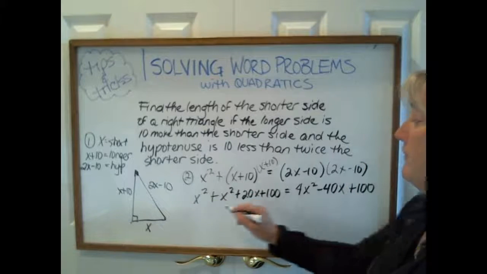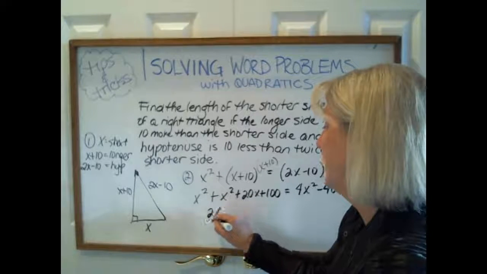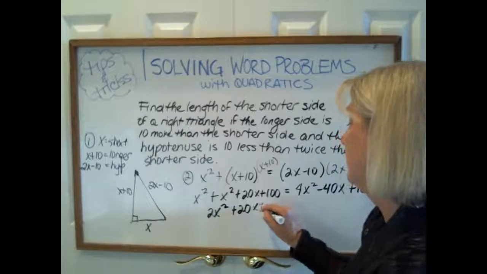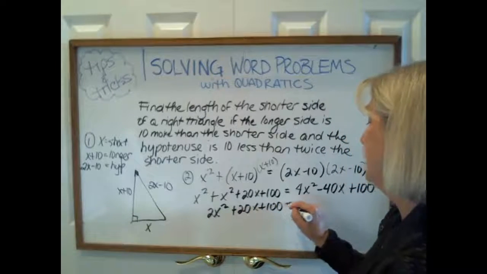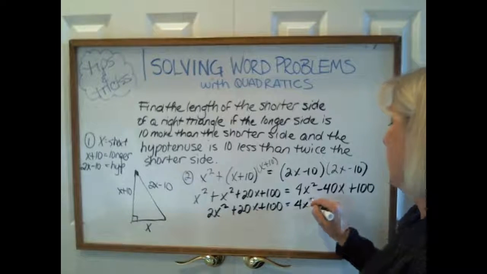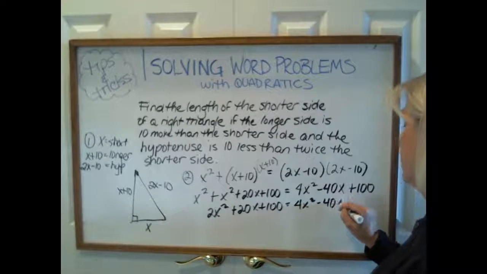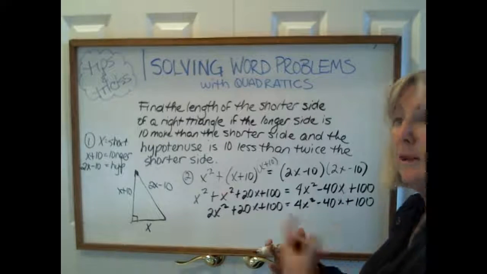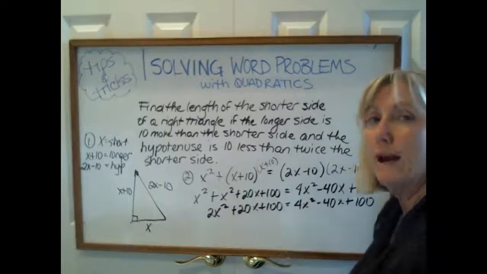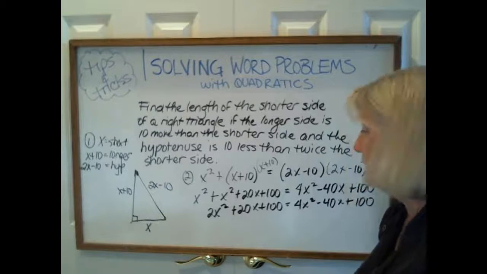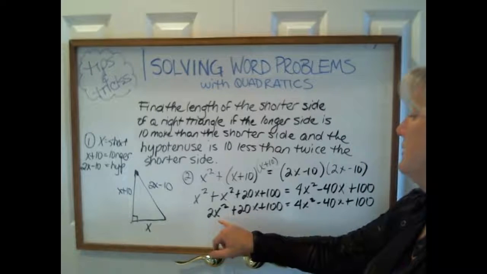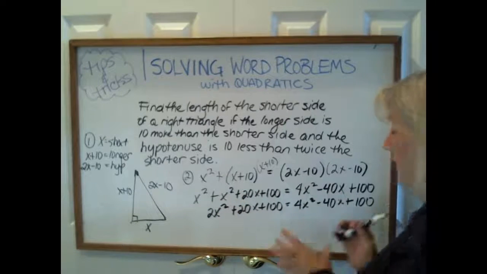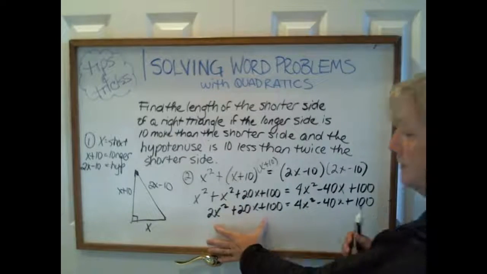And then I'm going to simplify both sides. So this is going to be 2x squared plus 20x plus 100 equals 4x squared minus 40x plus 100. So now I've recognized this as a quadratic because it has x squareds involved in it. So what I need to do is decide which side I want to move things to. Either this side can be 0 or this side can be 0.